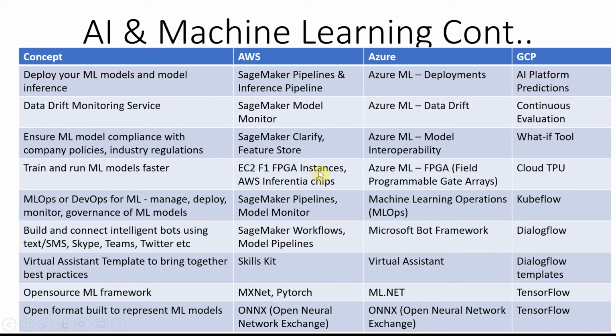In that category, AWS has EC2, a virtual machine, like EC2 F1 FPGA instances, and also chips, the AWS Inferentia chips. These are chips and hardware specific for machine learning. Again, in Azure, it is Azure ML FPGA.